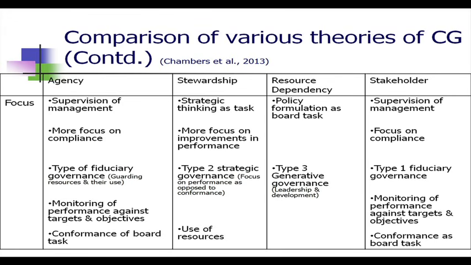Then, as far as resource dependency theory is concerned, policy formulation becomes the board's task. They need to formulate policies in order to find out what resources they can get, and the governance is type 3 generative governance, which is leadership and development.